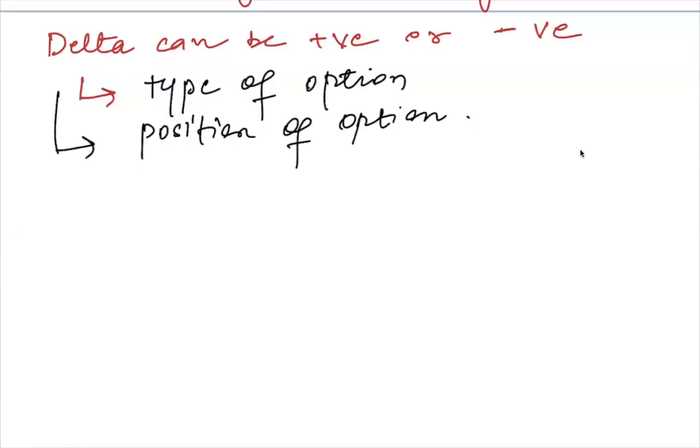So what does positive delta mean, or what does negative delta mean? Let's first understand that before going further.